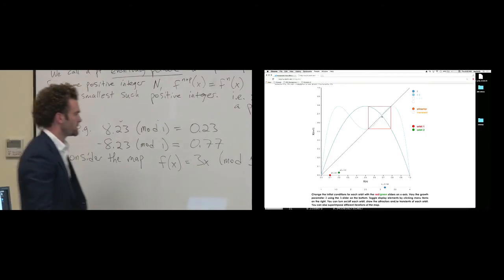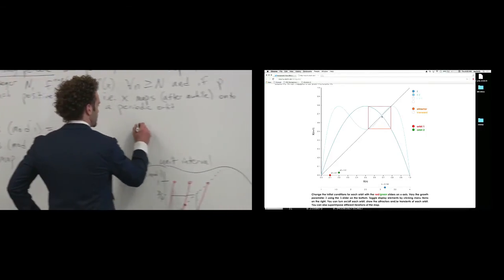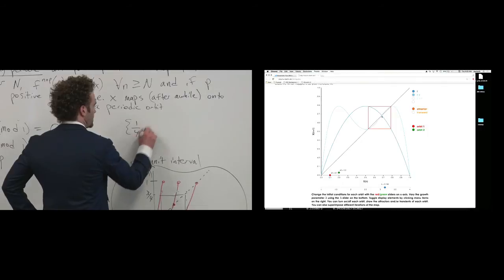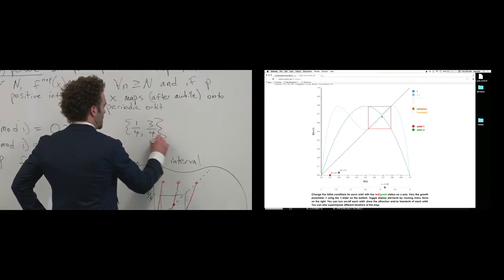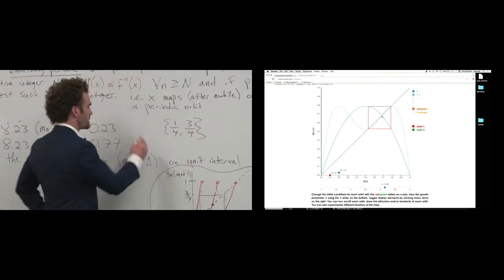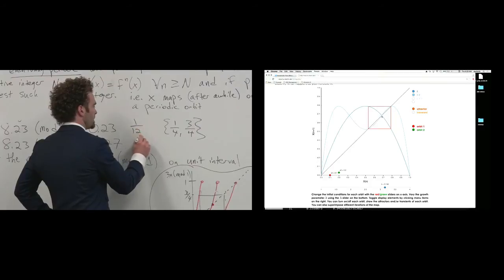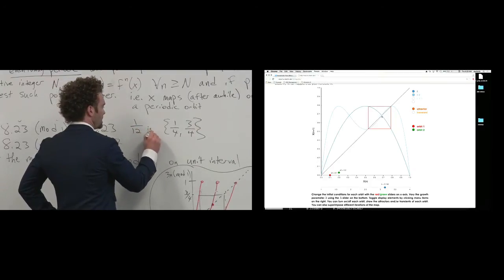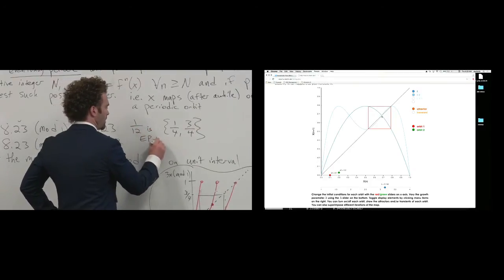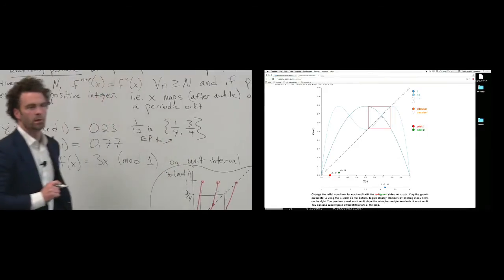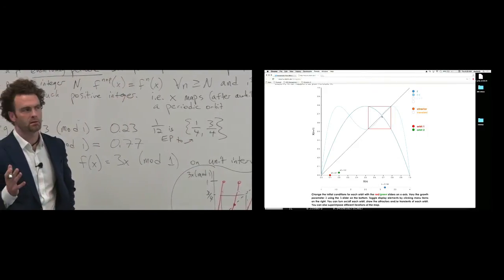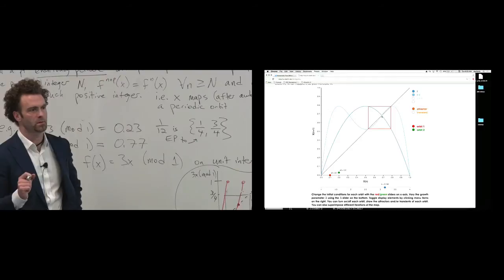All right, so period 2 orbit. 1/4, 3/4, and you said a 12th. So a 12th as an initial condition is EP to this period 2 orbit. Anything else eventually periodic to this period 2 orbit?